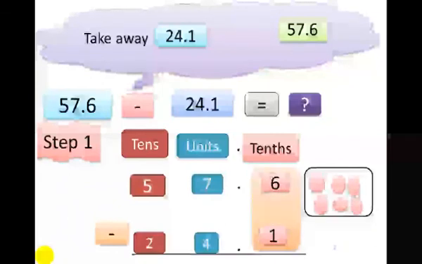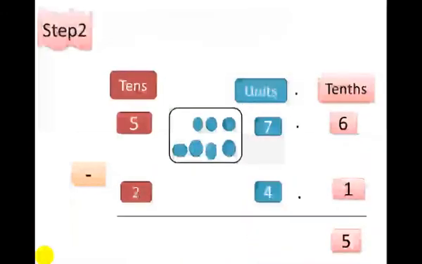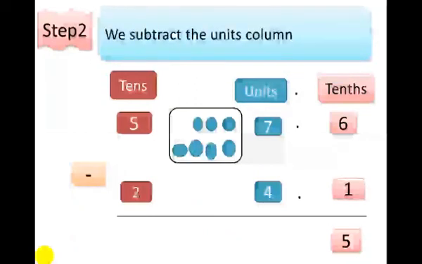6 tenths minus 1 tenth equals 5 tenths. The next thing we do is subtract the units column. 7 units minus 4 units.